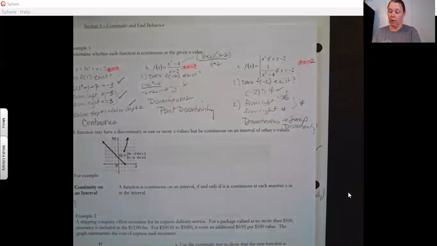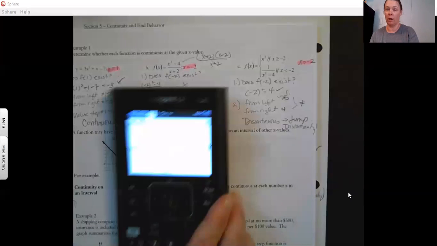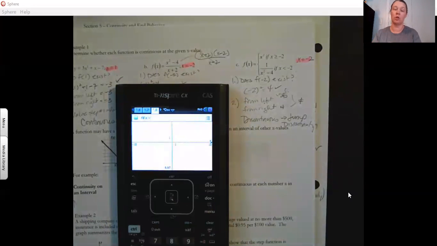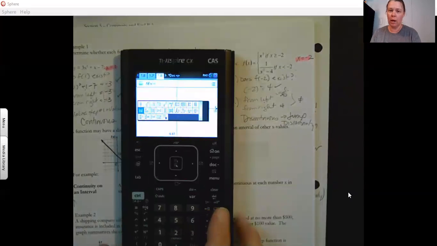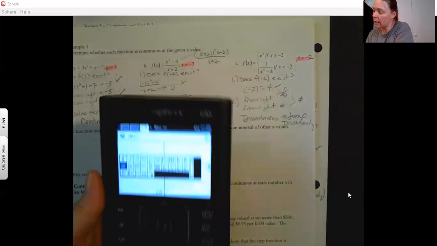Okay, you could also, on your graphing calculator, if you're using an Inspire, do the trick with restricting the domain. The first thing that you can do is go to the grouping symbol menu, which is next to the number 9, right here in the top row.